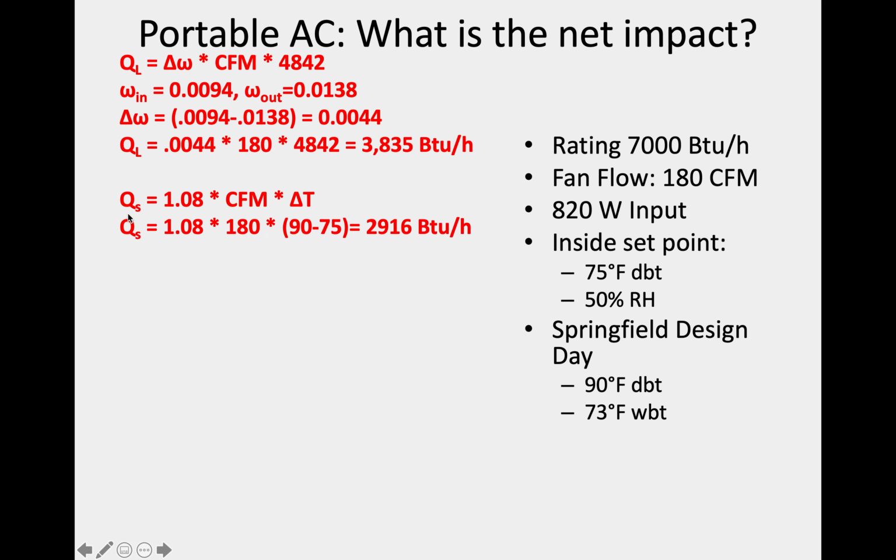Now we also have the sensible heat. So we're going to plug it into this equation. This one, we're going to be doing 1.08 times 180 CFM times the 90 degrees Fahrenheit minus the 75 degrees Fahrenheit, and that comes out to 2,916 BTUs per hour.